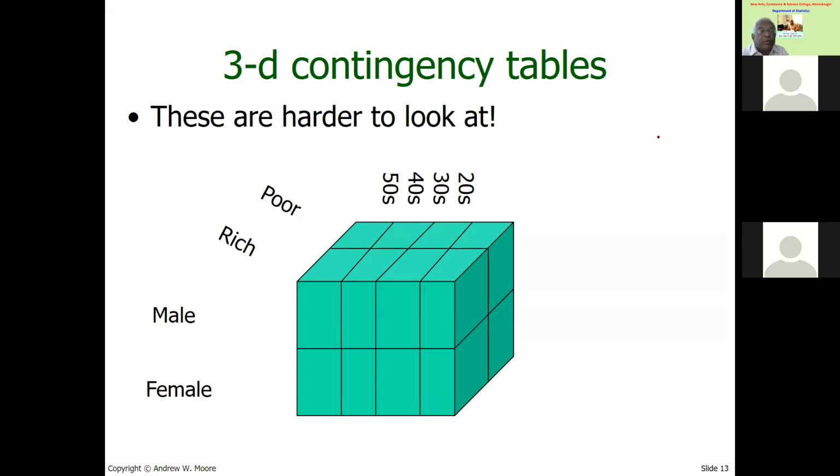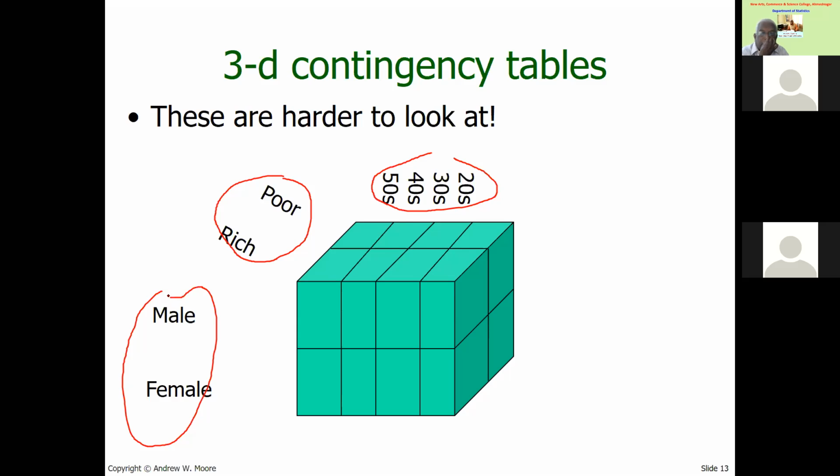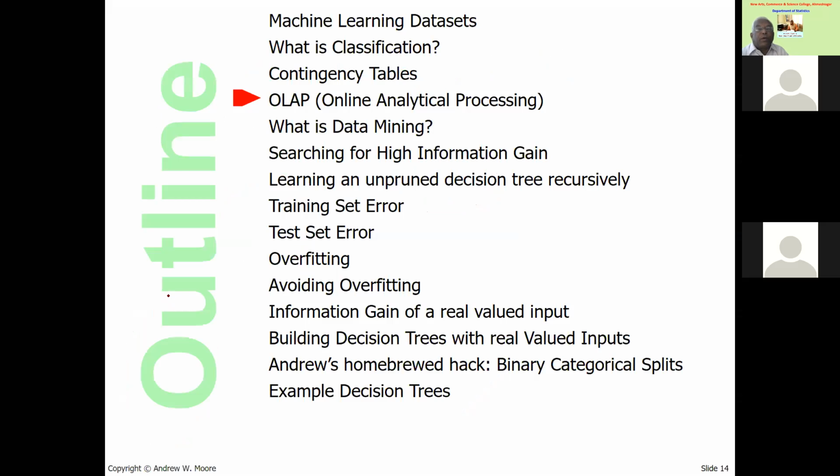This is a three-dimensional contingency table. So see, three-dimensional. This is age groups. This is poor or richer one. This is male or female. And as you increase the level, it will become very hard to look at, hard to understand, hard to interpret. Okay.